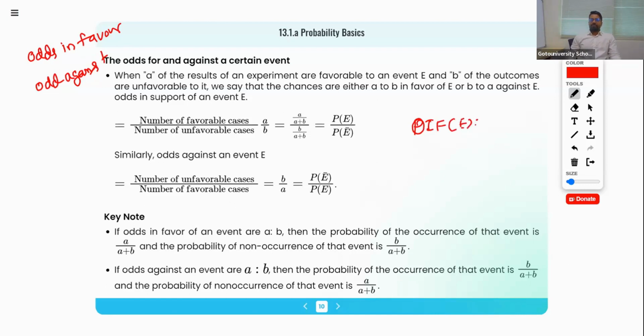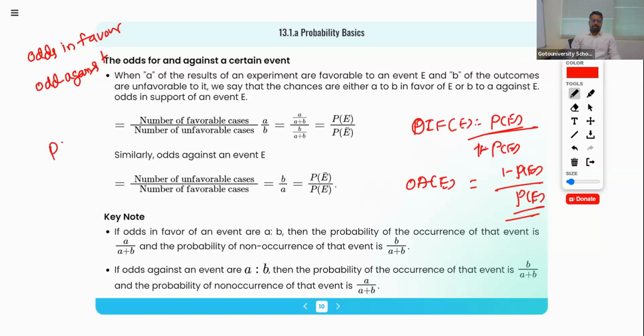Odds in favor of an event is the probability of occurrence of the event divided by the probability of non-occurrence of the event, 1 minus P of E. Similarly, odds against an event is the inverse or reciprocal of odds in favor. That is the probability of non-occurrence of the event divided by the probability of occurrence of the event.